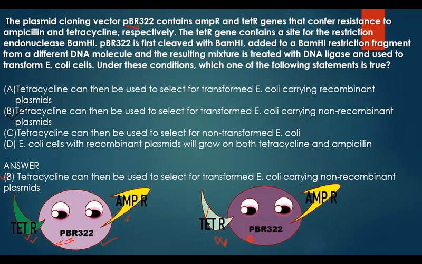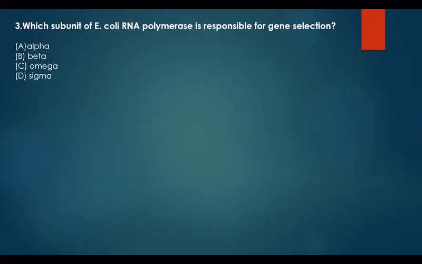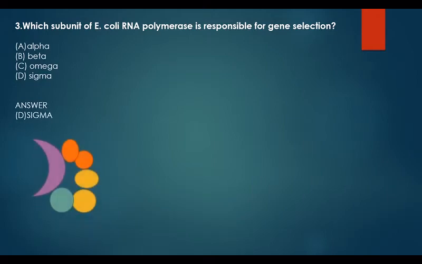Next, which subunit of E. coli RNA polymerase is responsible for gene selection? Options are alpha, beta, omega and sigma. Answer is sigma. The prokaryotic RNA polymerase is made up of 6 subunits. Five subunits are common for all genes. The sixth, the sigma subunit, is responsible for gene selection.